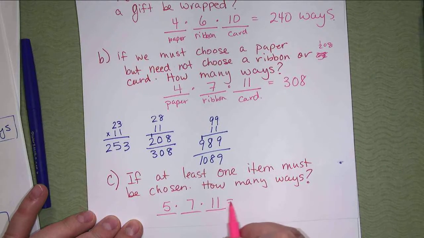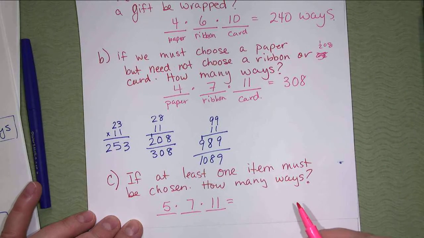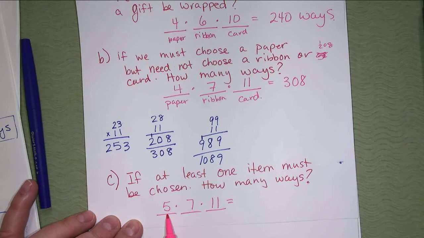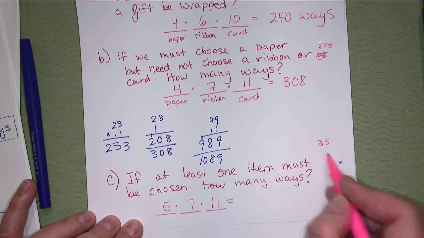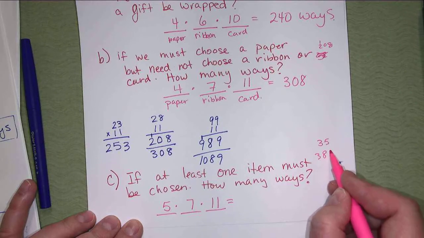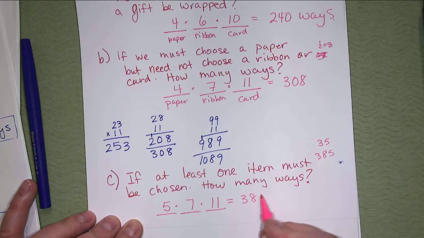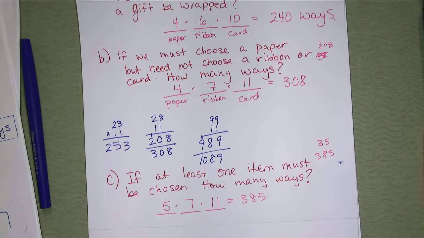So 5 times 7 is 35 times 11. Let's do our trick. So that adds up to 8, so 385. But what's wrong with this? You can't choose none of all.